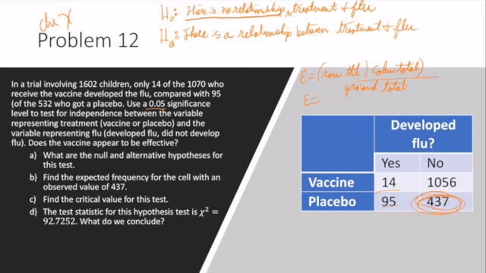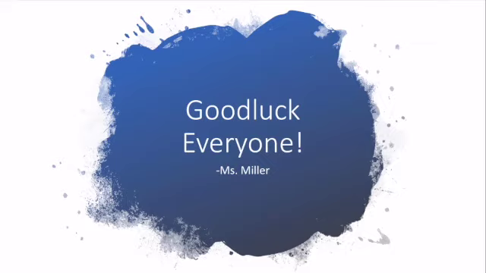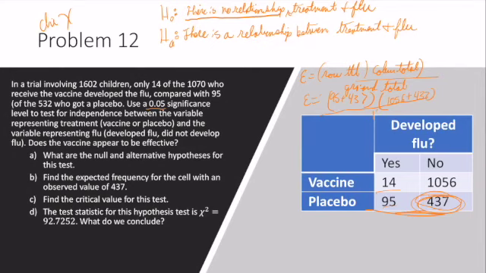So I'm going to take my row total, which is 95 plus 437, times my column total, which is 1056 plus 437. I'm going to multiply those together and divide it by 1602, which was the number of people in my study. Okay, that's how you'd find the expected value, which is the question of part B.